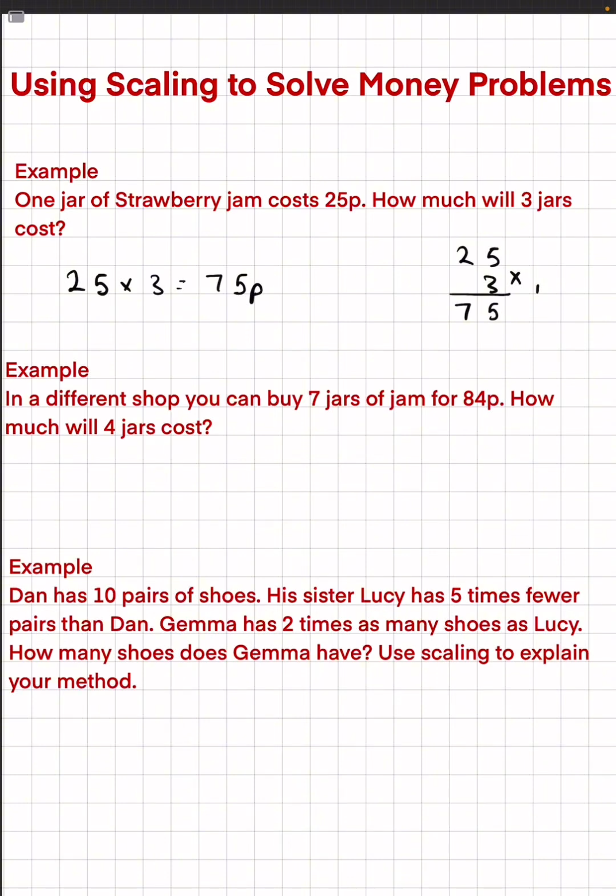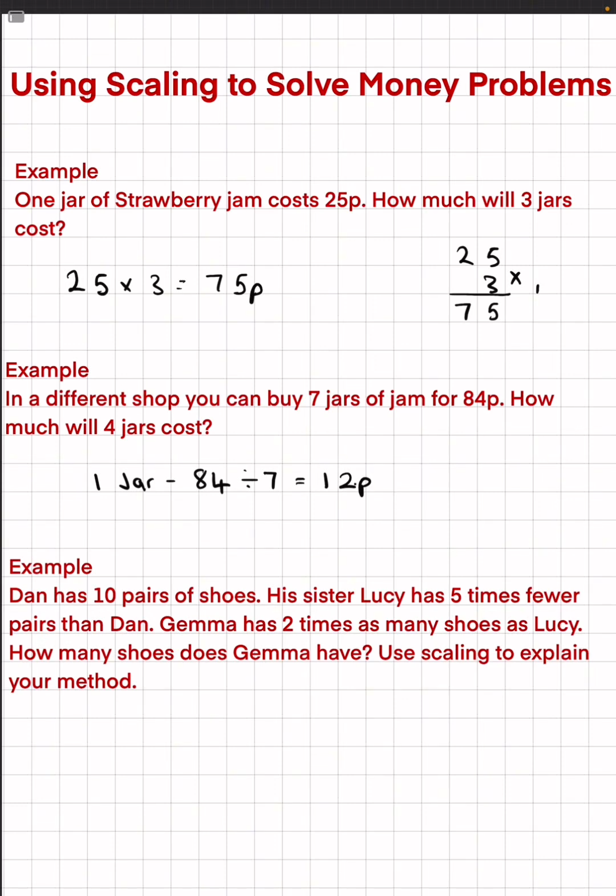In this example, it says in a different shop you can buy 7 jars of jam for 84 pence. How much will 4 jars cost? To work out the answer, we need to work out how much 1 jar is. And to do that, we need to do 84 divided by 7, which equals 12 pence. 1 jar costs 12 pence.